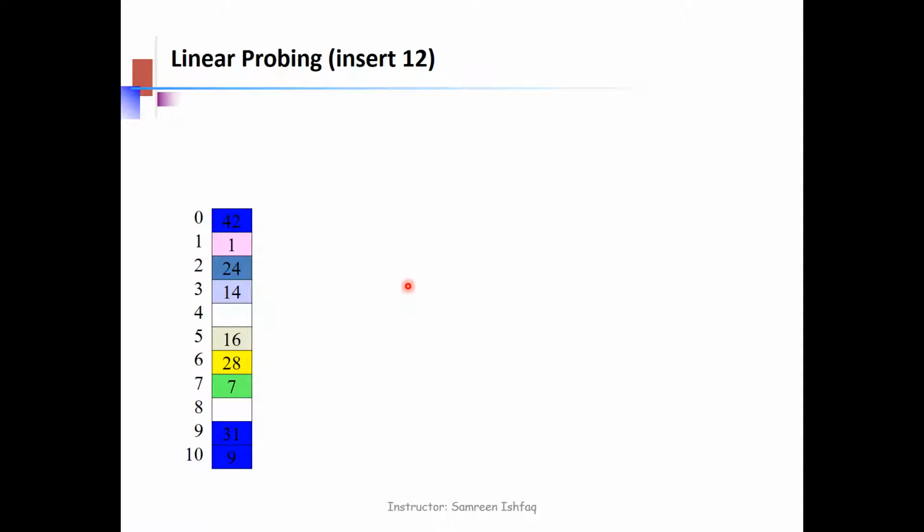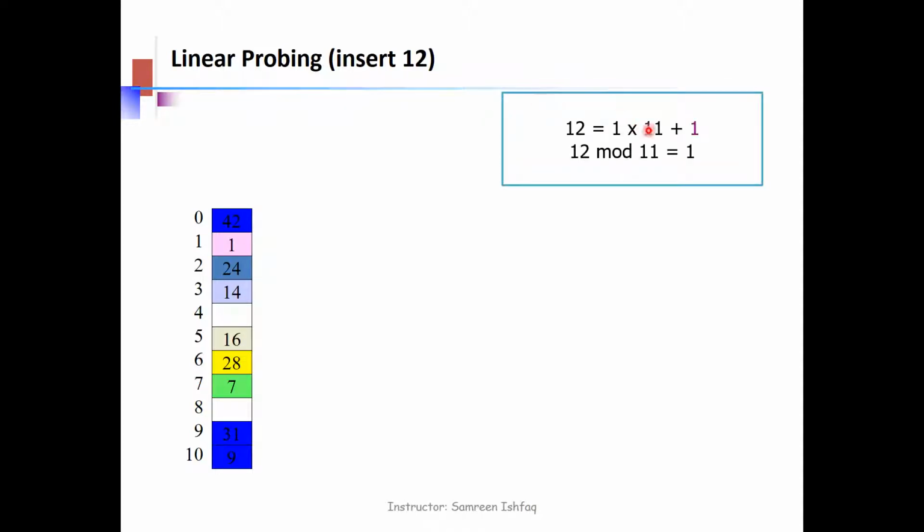Now let's solve an example to get a better understanding of how linear probing works. For example, the user tried to insert 12 in this hash table. The total size of the table is 11. 12 mod 11 is equal to 1. So the hash function returns 1. As you can see, the first location is already filled, so collision occurs. What we're going to do is try the next available slot.